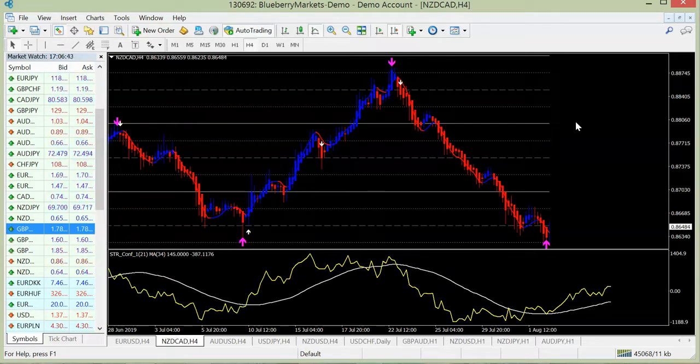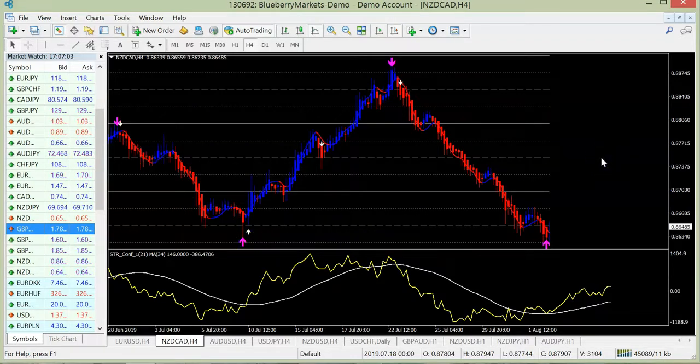So from bullish to bearish conditions. From buyers, the sellers will take control. So this is the only thing the pink arrows are showing.